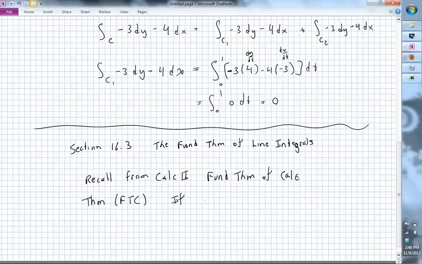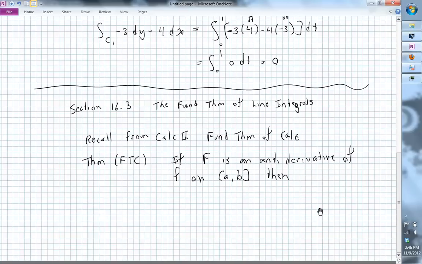If capital F is an antiderivative of little f on [a, b], then the integral from a to b of little f dx is capital F of b minus capital F of a.